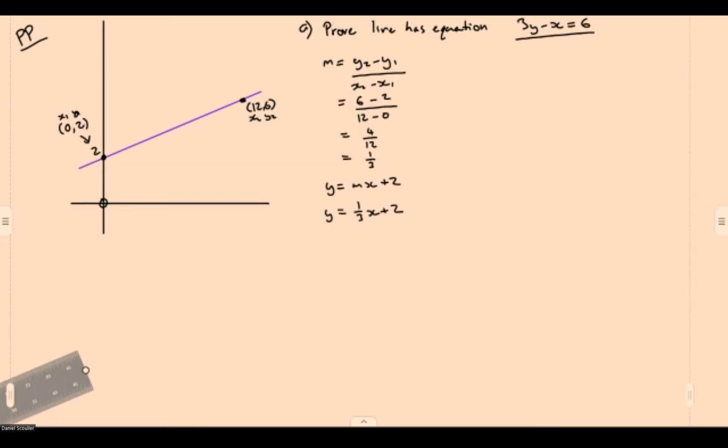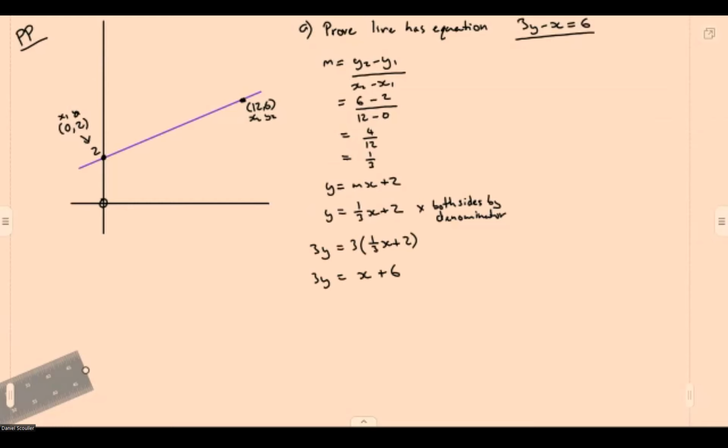So we want to multiply both sides by what that number is, and that will cancel it out, that will remove it. So we multiply both sides. We'll get 3y, and then that whole side is multiplied by 3. So that will give us, remove that denominator, 6.